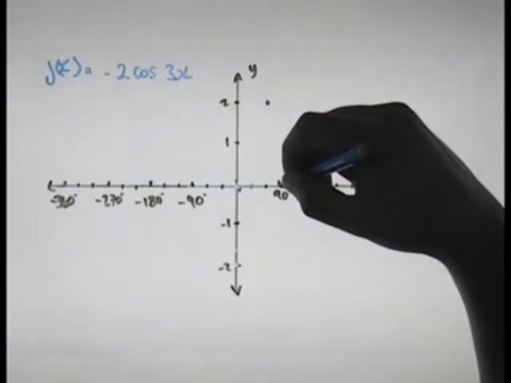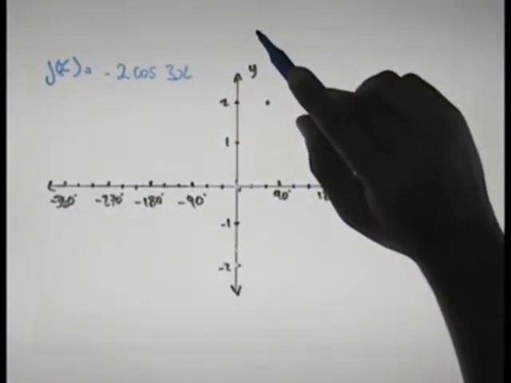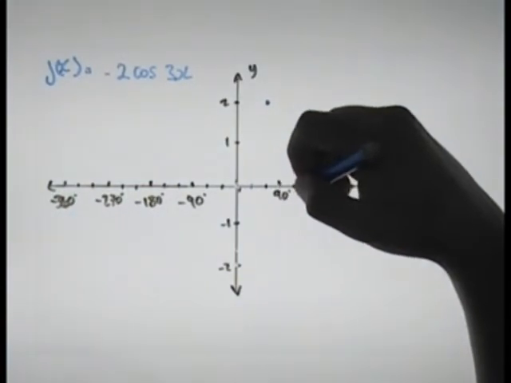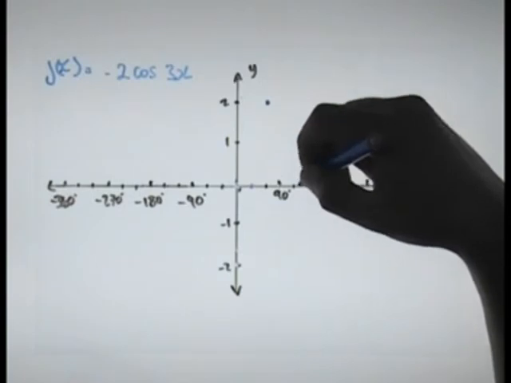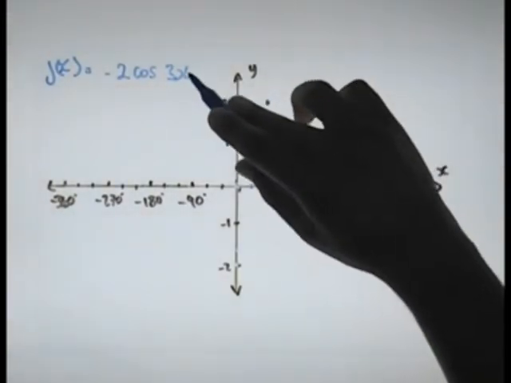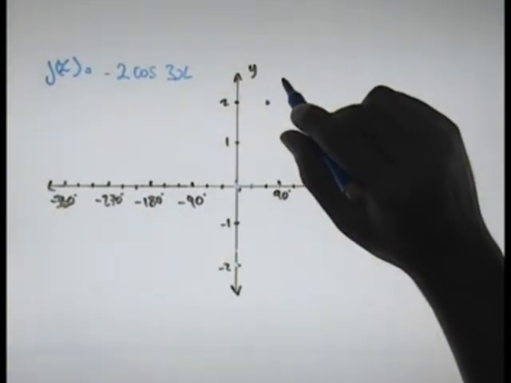When x is equal to 90 degrees, that's going to be 90 times 3, which is 270. Cos of 270 degrees is equal to 0. 0 times negative 2 is 0. When x is equal to 120 degrees, 3 times 120 degrees is equal to 360.